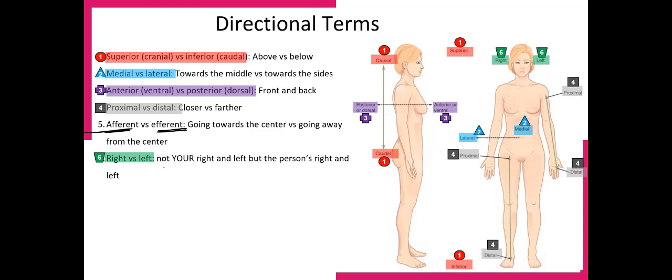And then the last thing is right versus left. So if you look at this picture, you see that this is this person's right and this person's left, not your right or your left as you're looking at them. So right and left in the anatomical sense is the person's right or left as you're talking about them, right? Not yours.